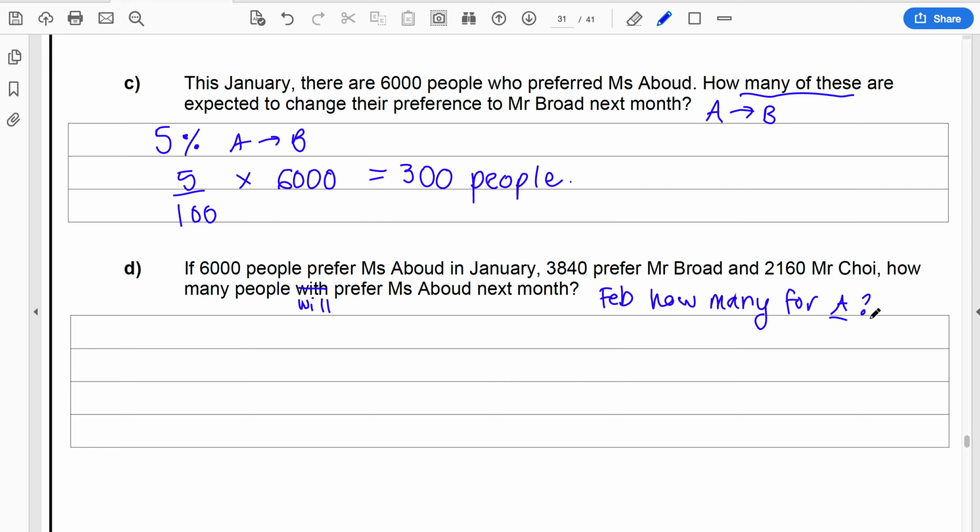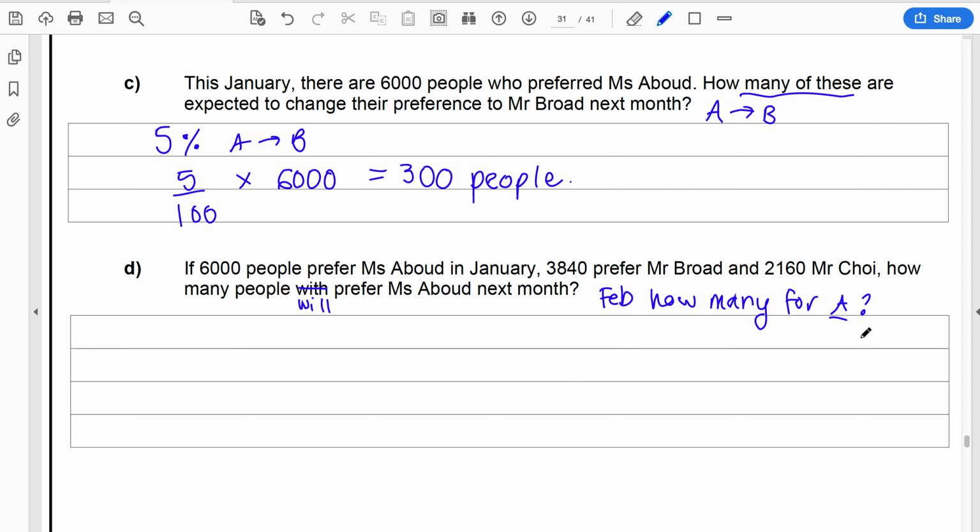which represents Miss Abood. Now we have got groups of people preferring three different candidates, and we have percentages of this group, the 6,000, a percentage of this group, the 3840, and a percentage of this group, the 2160, that are going to change their preference or keep their preference with Miss Abood.